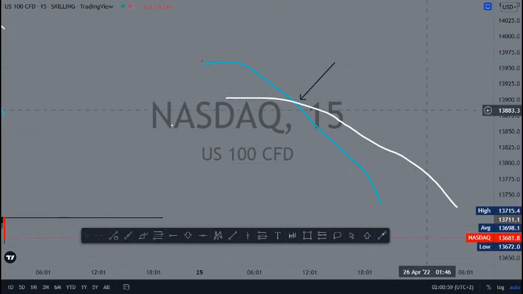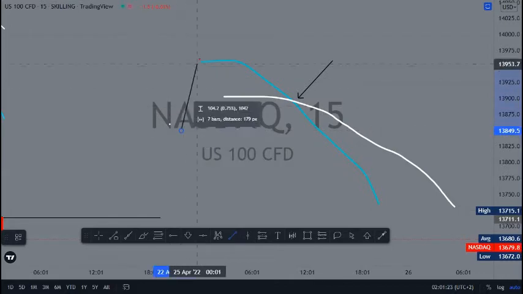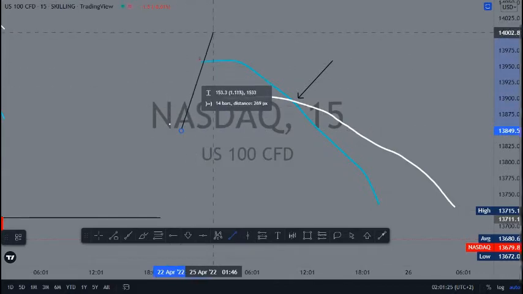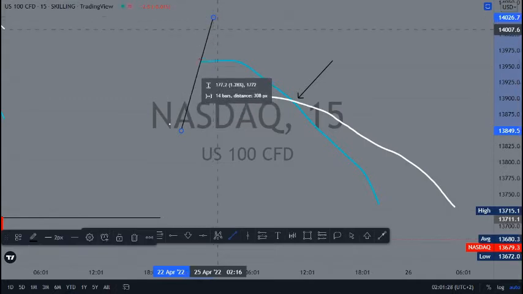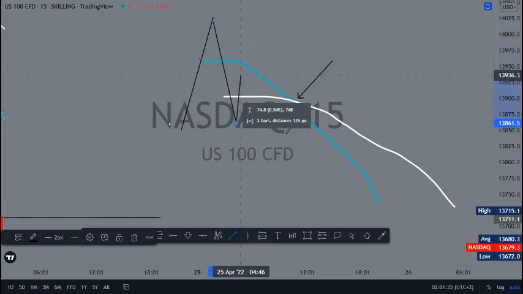If you backtest this strategy, you will find it very accurate as long as you apply proper risk management to this. So you're going to see something like this. Let me just draw a trend line here. What you are going to get is your peak formation high, which is the high of the week, or the low of the week.